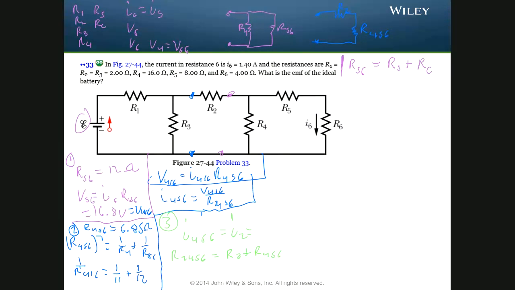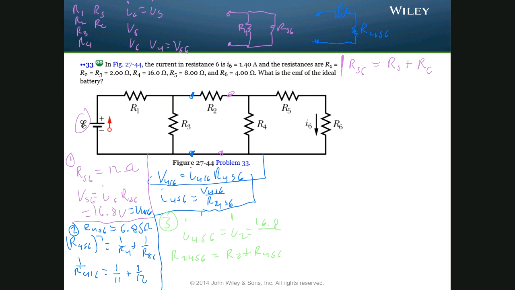These are known, so we will give a number here. So V456 is 16.8 volts over what's R456. What did we get for the, did we get a current? No, we did not. Right. So I456 is going to be 16.8 over, what's R456? What did we agree on there? 6.8.